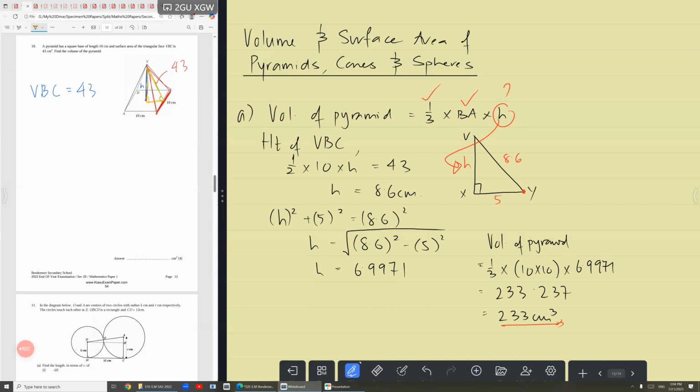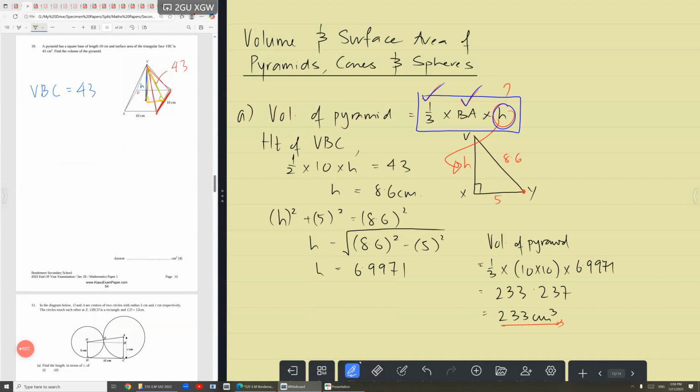So the learning point here for this question is that we are working backwards. Always start with the end in mind, which is to find the volume of the pyramid. From the volume formula, we identify that 1/3 is just a constant, and the base area is a square with the dimension given.